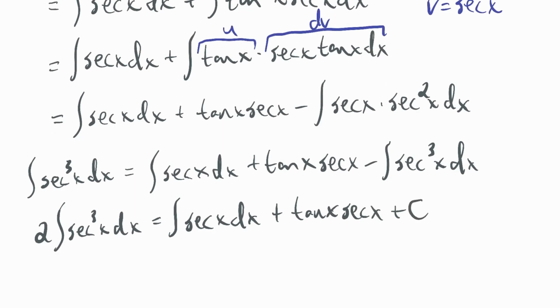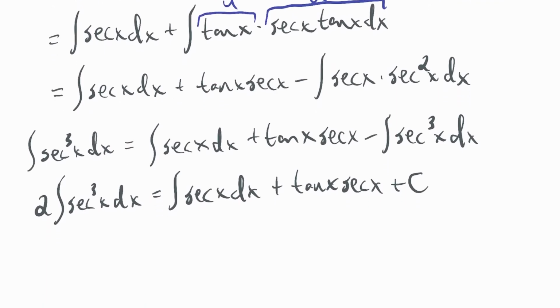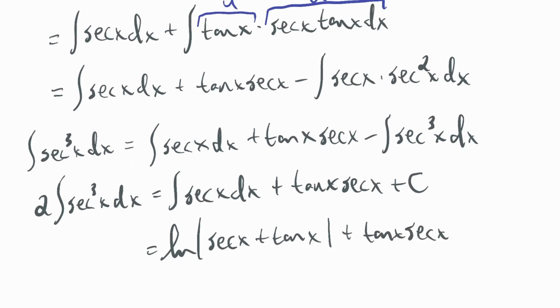And then I can divide by 2 on both sides. Well, I'll do the 2 in a moment. I'll go ahead and say, oh, well, this is ln, the natural logarithm of the absolute value of secant x plus tangent x, plus tangent x secant x plus c.